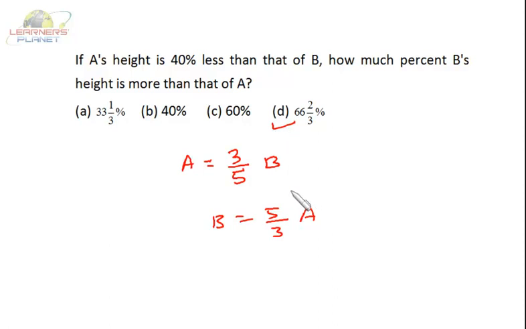Let me repeat it. If A's height is 40% less than that of B, that means A's height is 60% of B, and 60% is 3/5. That is, A's height is 60% or 3/5 of B. Now we have to find out the increased percent of B's height in terms of A. From this relation, B is equal to 5/3 of A. Now how much is 5/3 more than 1?